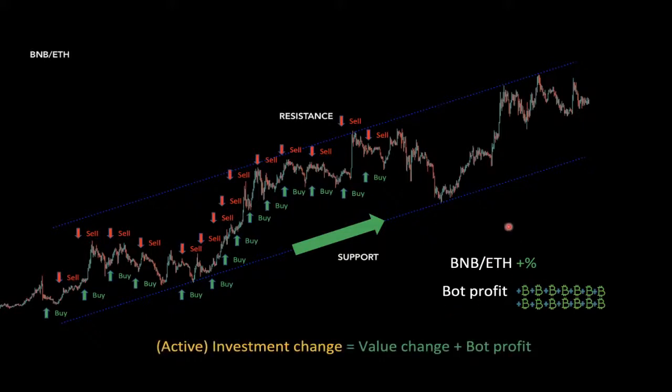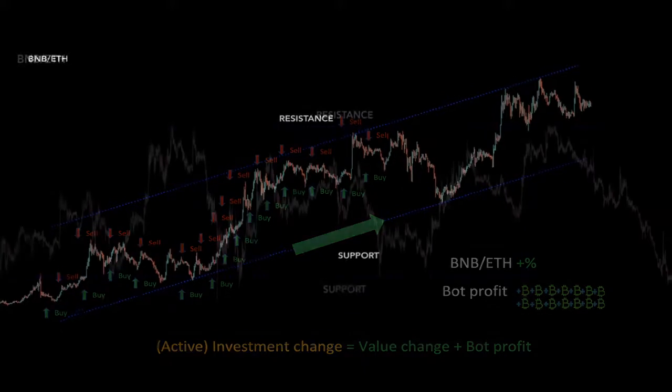So that is what I call active investment change, which is basically the value change plus the bot profit. So that's the first optimal market at which you are looking to launch your bots, because in this market the bot is able to achieve higher returns for you.